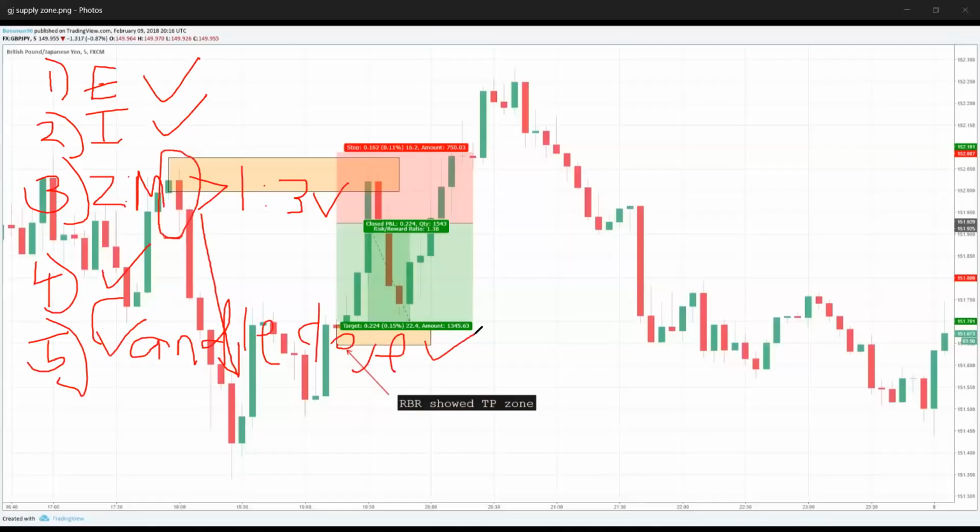That's a check. Candle closed outside again, check. And then now you place your position, and now you wait for it to get to the next take profit level. And you can see it hit all the items on my checklist, and that's why I will confidently take this trade and wait for it to get to TP without worrying, because it hit all my checklist items.